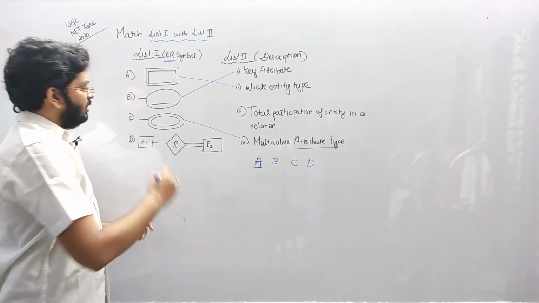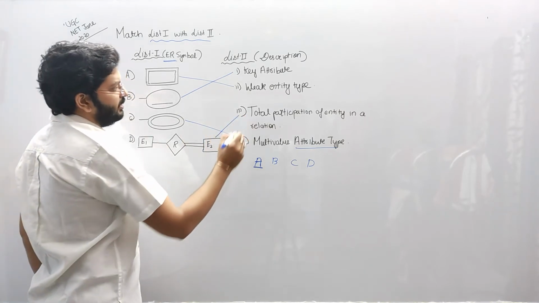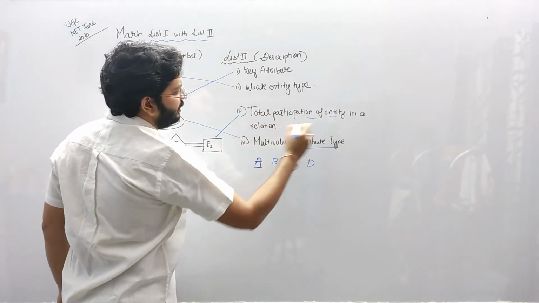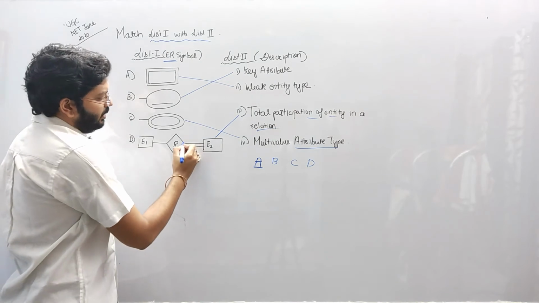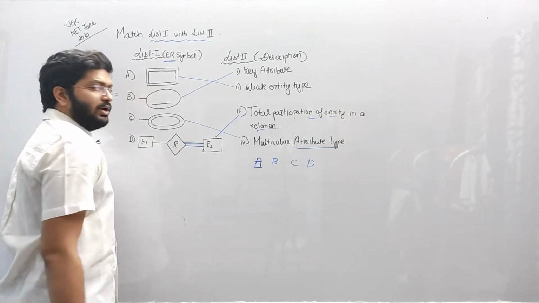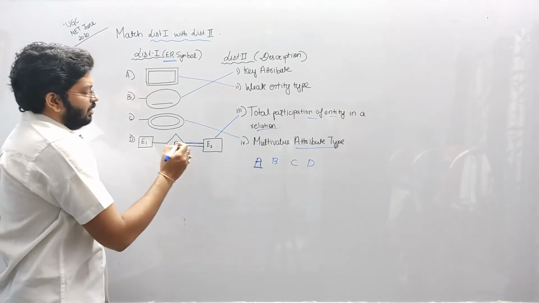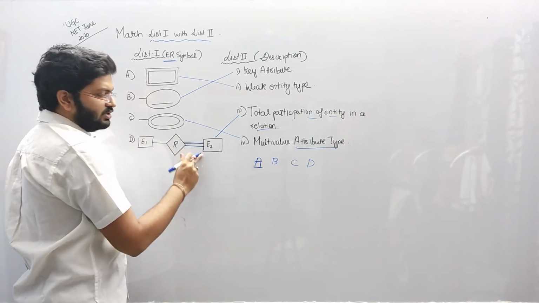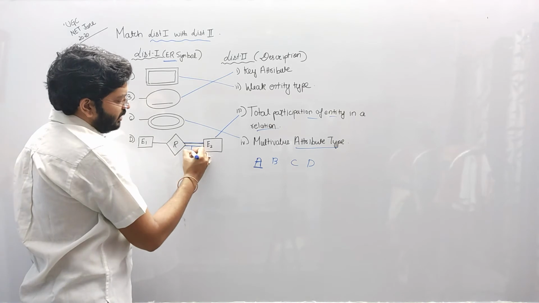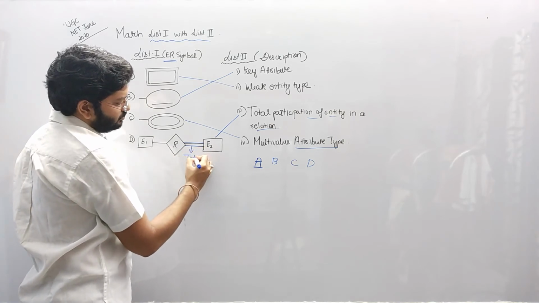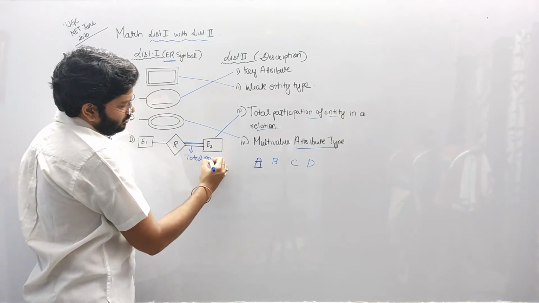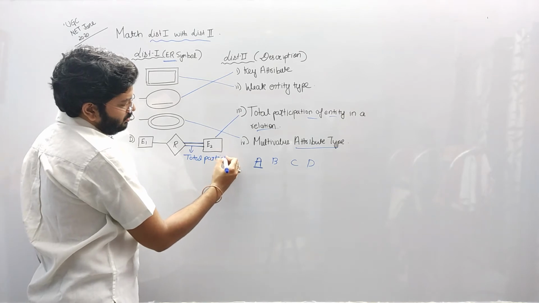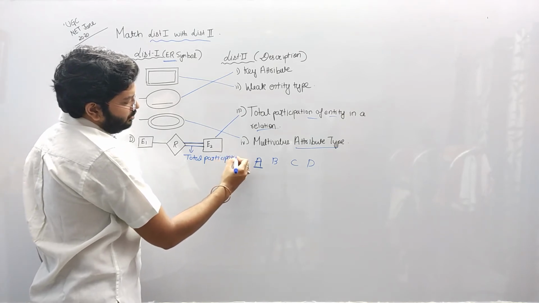And the last option left is D with 3, that is total participation of an entity in a relation. So the double line stands for total participation. If an entity has a double line with a relationship, this stands for total participation, that is, all of its attributes are dependent.